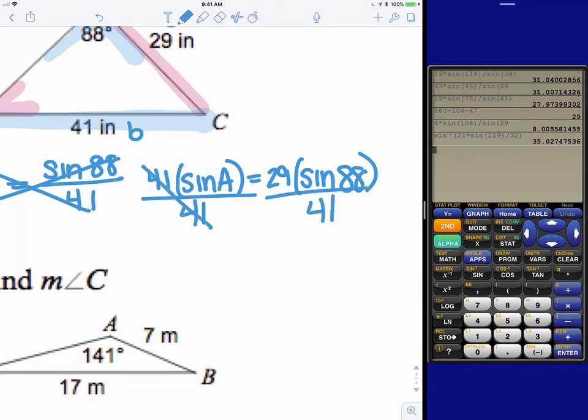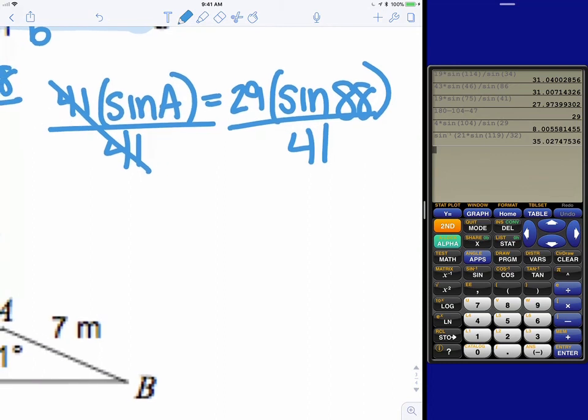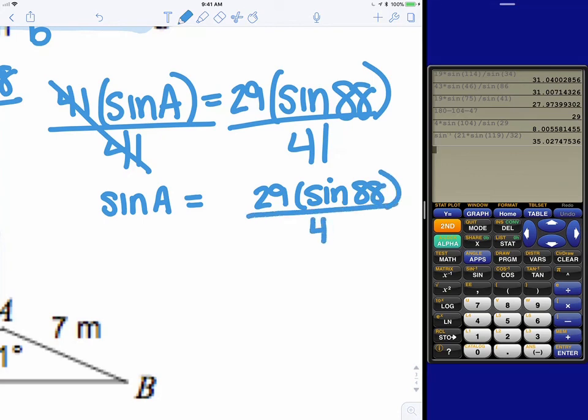All right, now, sine of A is all by itself, so this might make things a little bit clearer if I show you what I'm doing to both sides. So you have the sine of A equals 29 times the sine of 88 over 41. What you are doing right here is essentially taking the inverse sine of both sides of the equation.